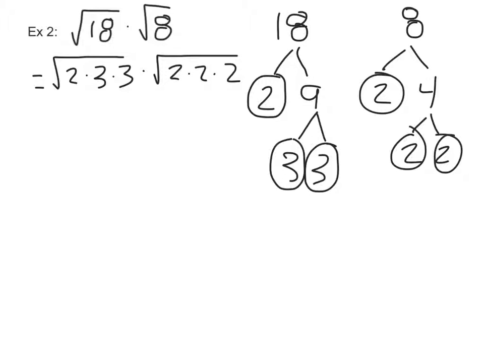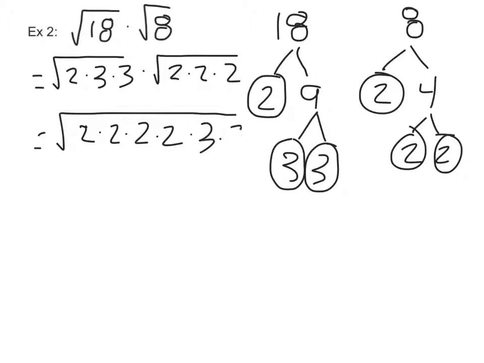And now what we want to do at this point, before we start finding our pairs, is let's go ahead and combine all of these factors into one radical. So I have 4 2's, and then I also have 2 3's. And notice when we look for our pairs, there's one pair, here's our second, and here's our third. Notice we have none left over.